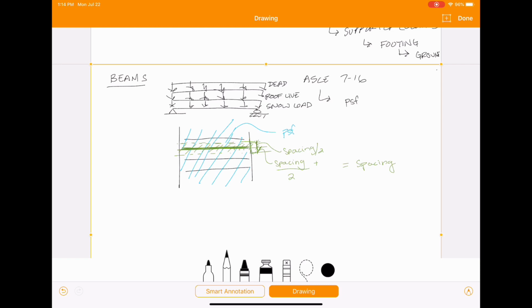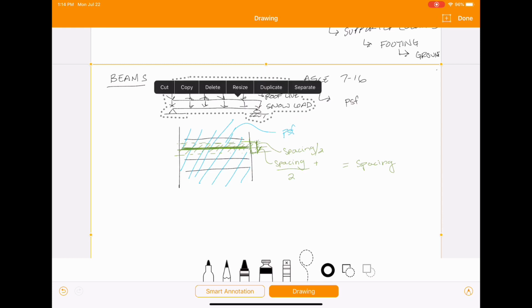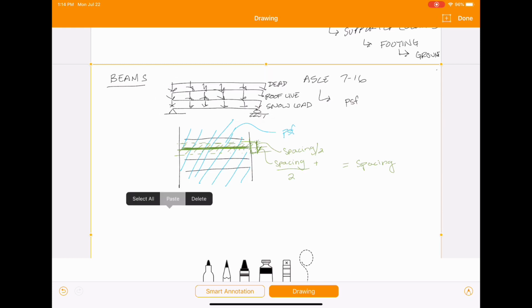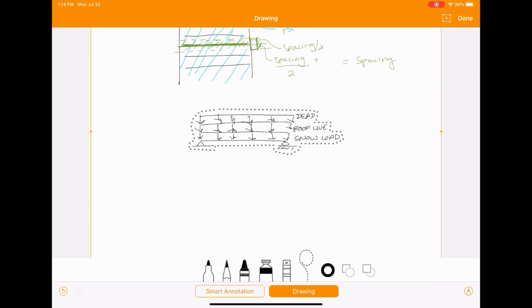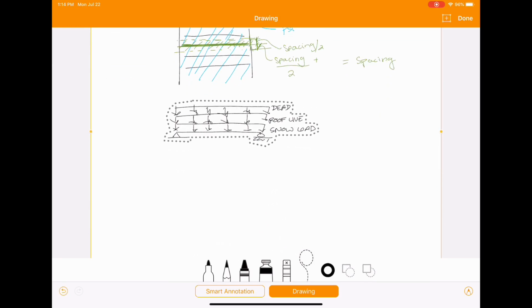So you'll have those 3 different uniform loads. Now at this stage, you might be tempted to use your load combinations and get this down to one single total uniform load. However, you don't want to do that at this stage yet.